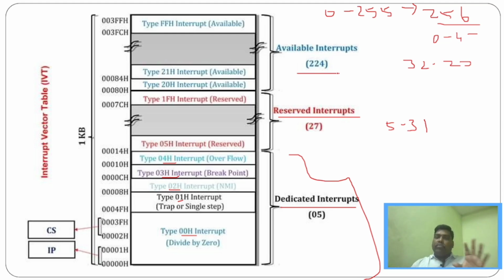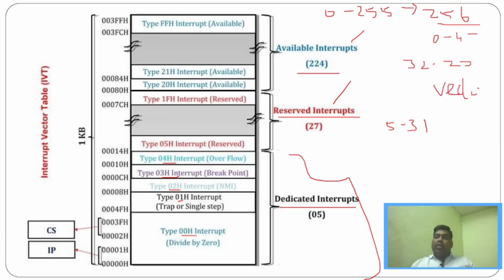Apart from these different types of interrupts, you have to understand what the interrupt vector table is. In the interrupt vector table, I have said what is a dedicated interrupt, what is a reserved interrupt, and what is an available interrupt. Each and every interrupt has its own dedicated address location, and that is why they are called vectored interrupts.